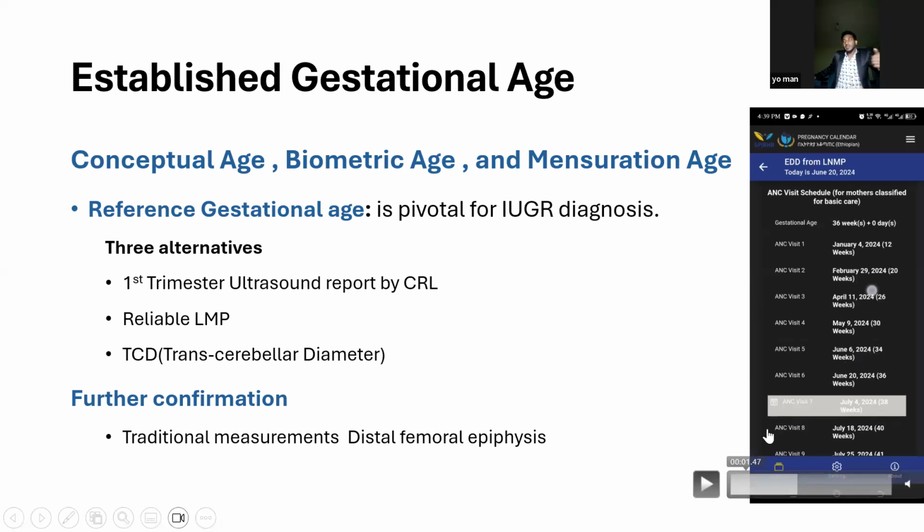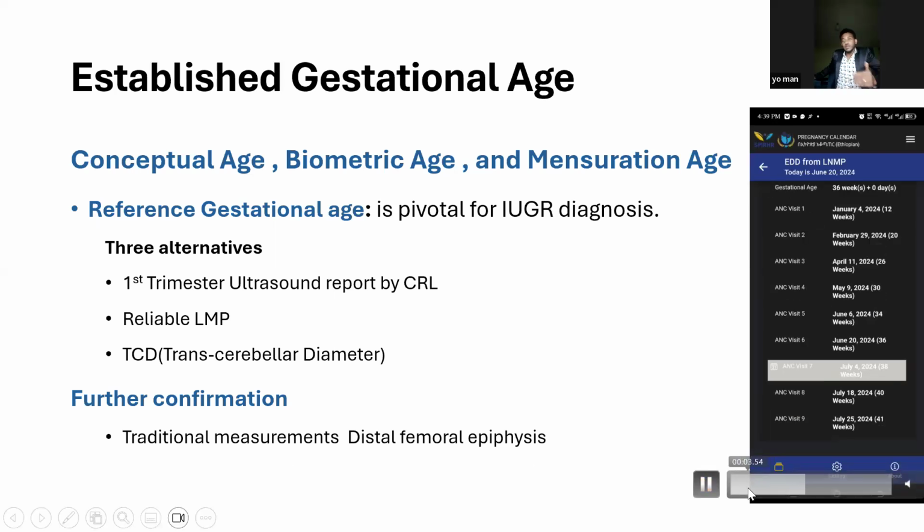So if the patient tells you the LNMP, you will fill the LNMP here, and you will reconfirm the gestational age. You will confirm her appointment dates. For example, did you come on June 20? You say yes, okay, that's one confirmation, and then you ask again if she came on June 6. Say yes, oh, you confirm that gestational age, and the health center or the hospital established those gestational ages by LNMP.